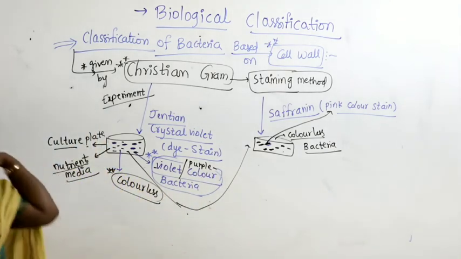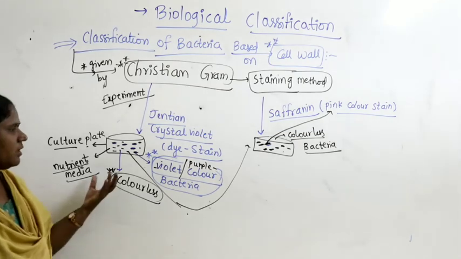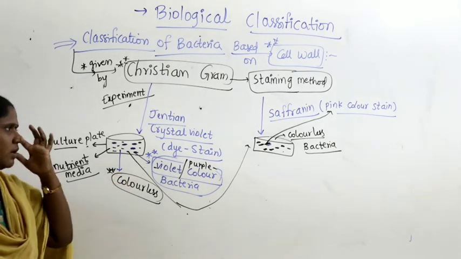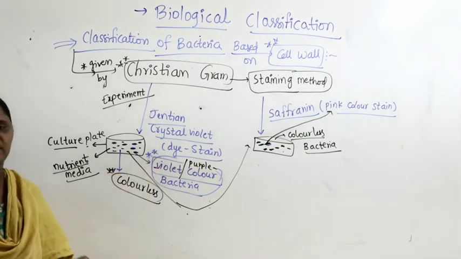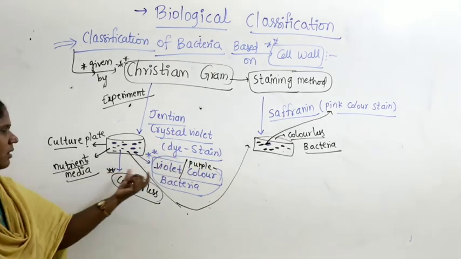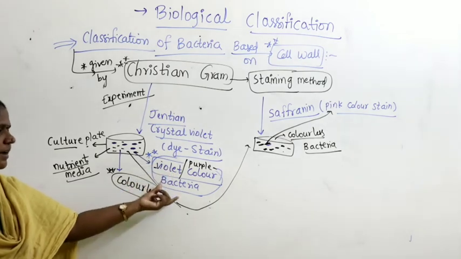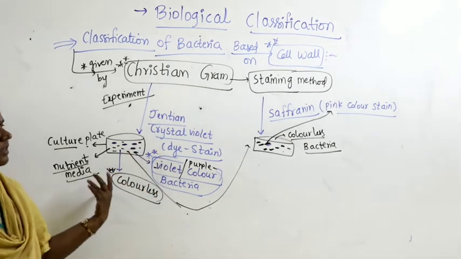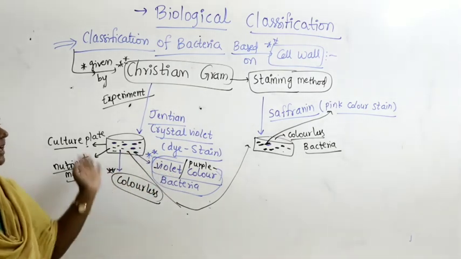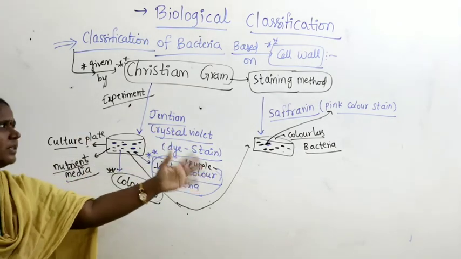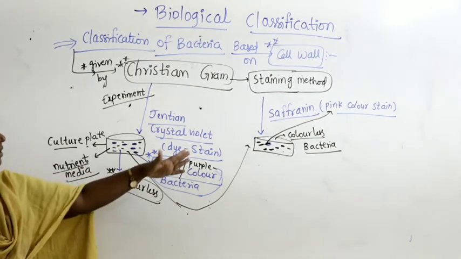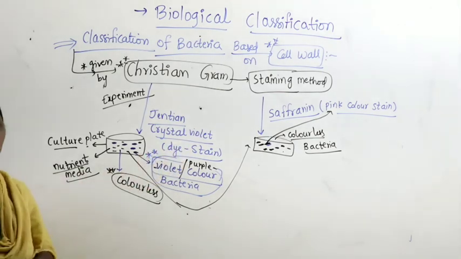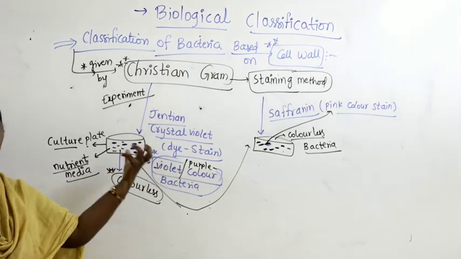So then he started looking for why some bacteria don't have the ability to absorb crystal violet while the same bacteria have a wonderful ability to absorb safranin. Some look purple or violet in color and some look pinkish in color. It's because of variations in the absorption of dye.